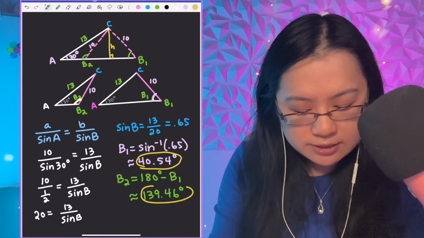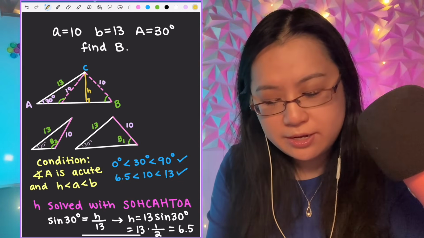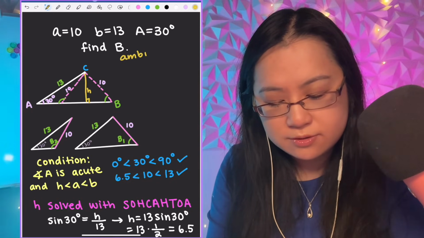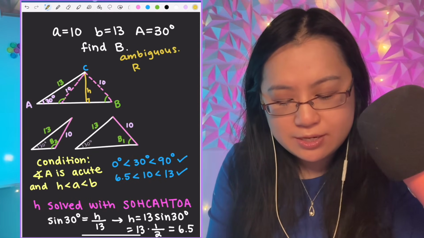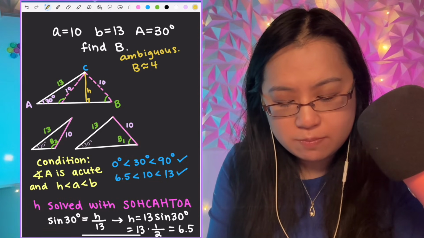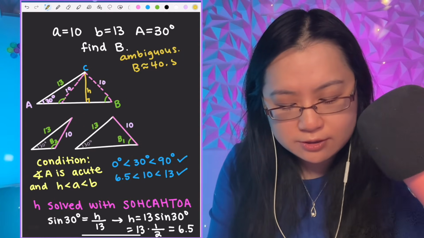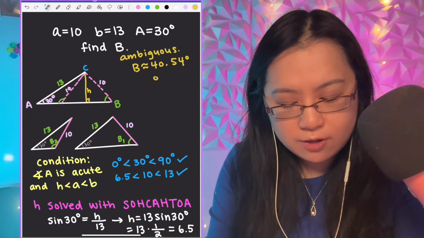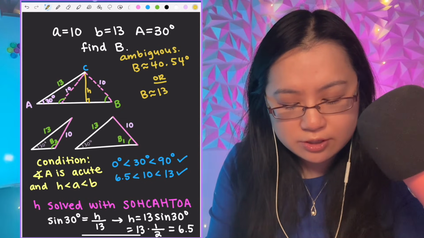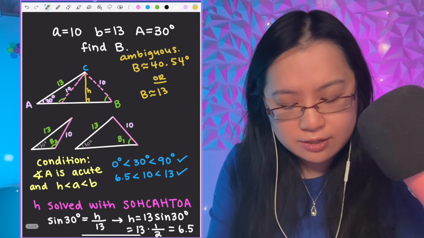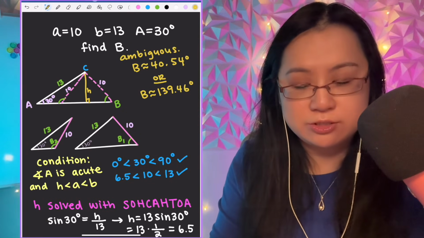You would say here, find B. So you would say ambiguous. B is about 40.54 degrees, or B is about 139.46 degrees. So that's how you'd actually answer this question.